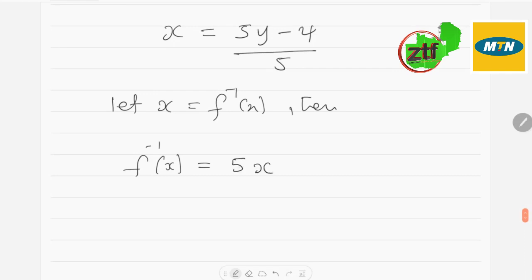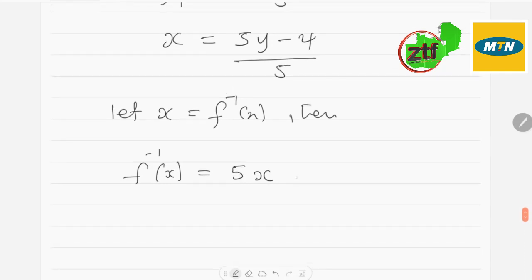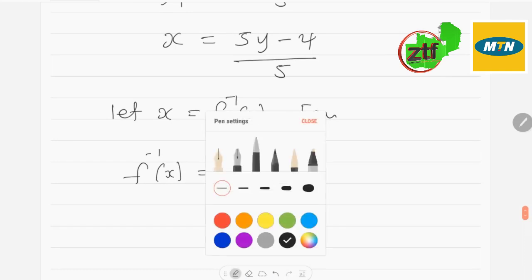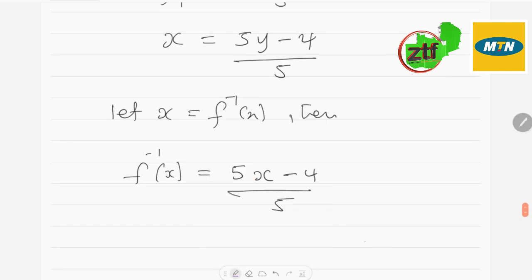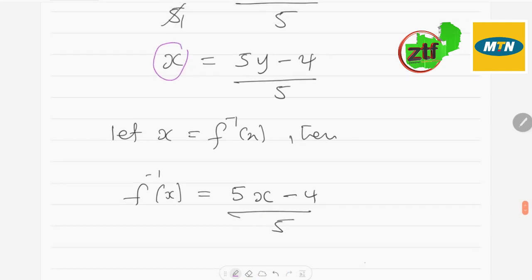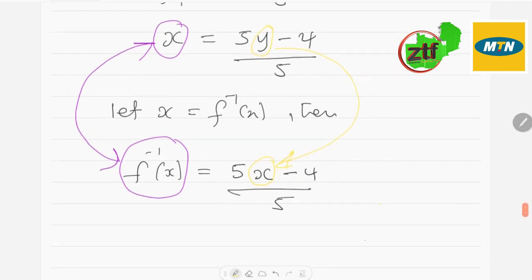So this x will now become f inverse of x, and this y will now be changed to x when writing your final expression.